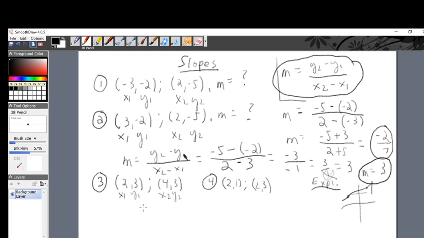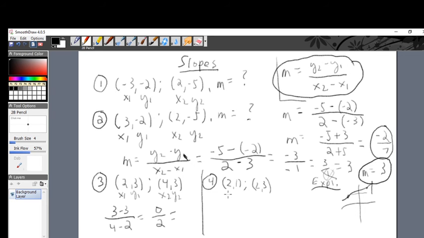So it's going to be 3 minus 3 over x2, which is 4, minus x1, which is 2, so it's 4 minus 2. What do we get? 0 over 2 equals. Now hold on. I'm pausing for a second. I want to do problem number 4.